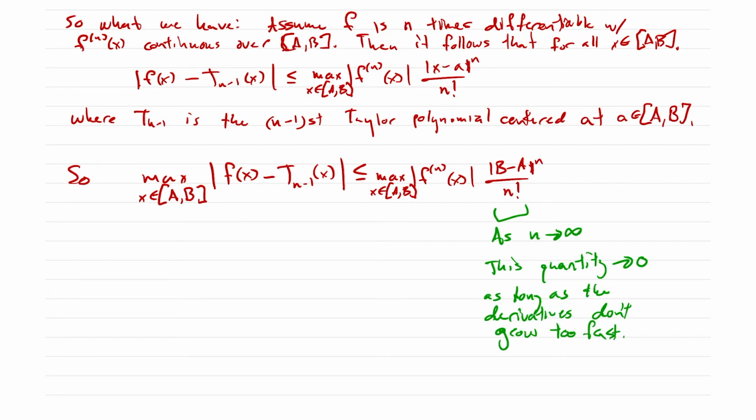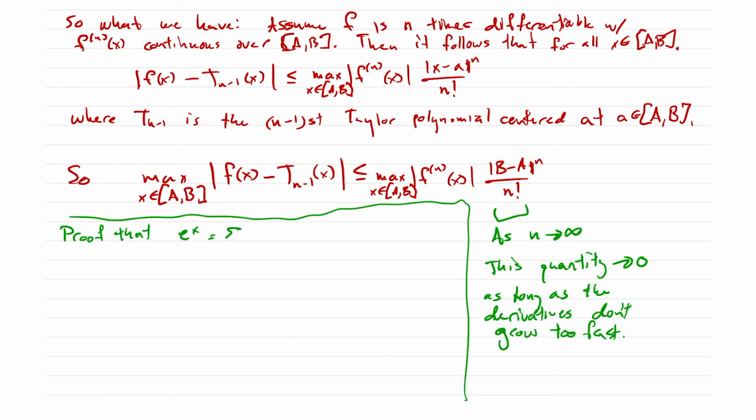Okay, so what do we get then? Here we're going to have a proof that e^x is equal to the sum from n equals 0 to infinity of x^n over n factorial. All right, well, we know that the absolute value of e^x minus T_{n-1}(x) is then less than or equal to, and let's just say over the interval minus a to a, and then we can take a to infinity later.